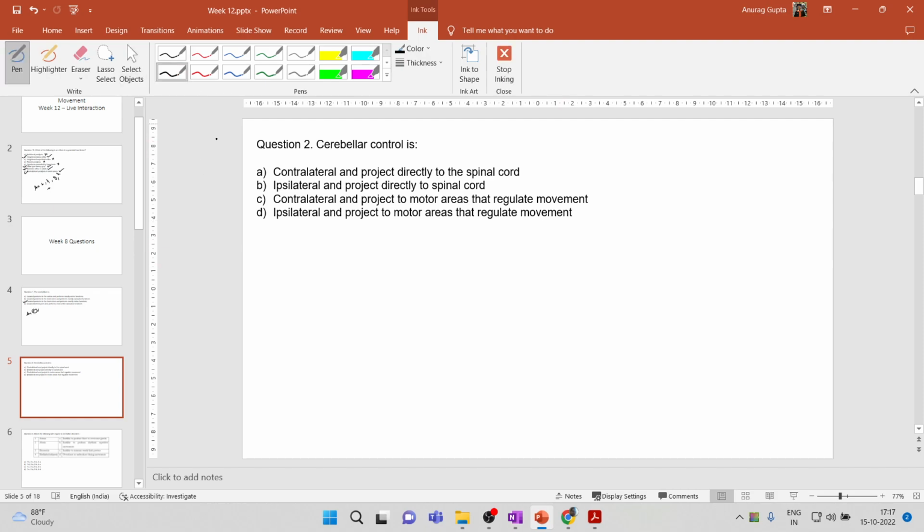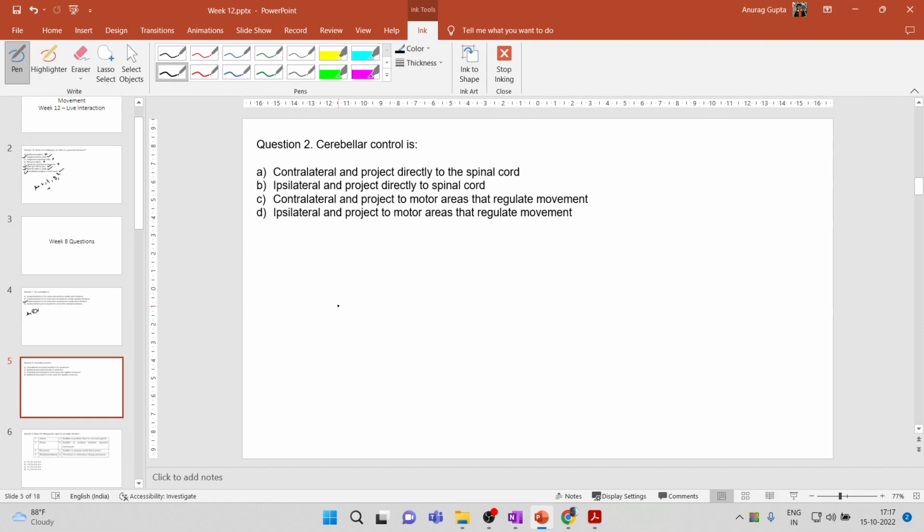Okay, so we know that in the primary motor cortex, the right hemisphere controls the left movements in the body, whereas the motor cortex in the left hemisphere controls the movements in the right side of the body, because of decussation that happens at the level of the brainstem.